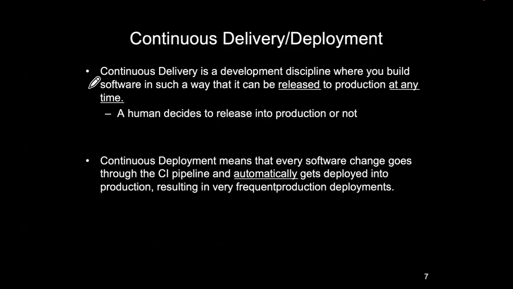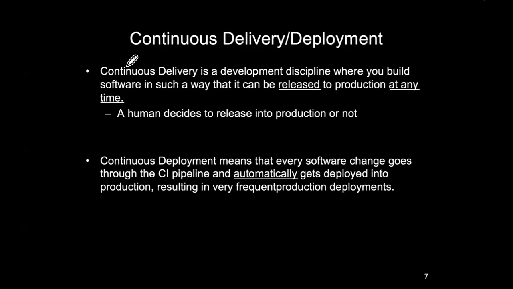Now, I've been talking about CI up to now. The CD part of CI/CD stands for continuous delivery, and it can also stand for continuous deployment. And they are different things, right? As you'll see when you read through this slide, continuous deployment is an extension, if you like, of continuous delivery.